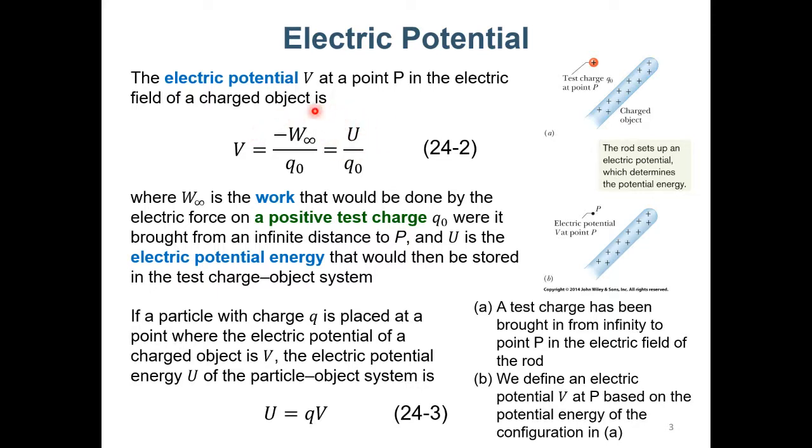So they have a -1 factor between them, and so this equation will be V equals U over Q0. So you can multiply Q0 to the left-hand side, so it becomes U equals QV. Well, nothing special, I think.